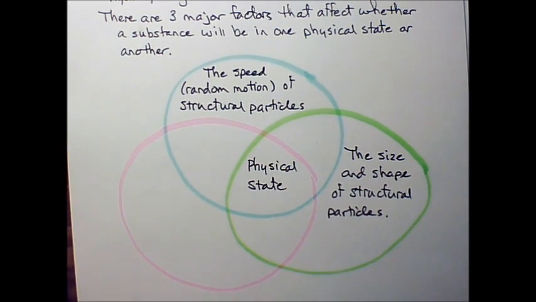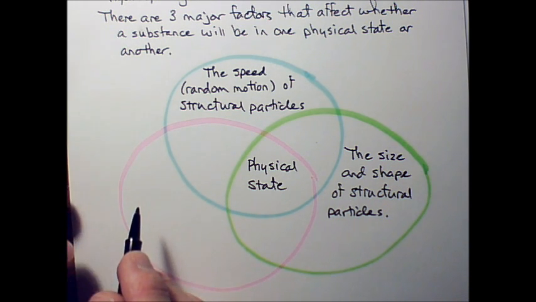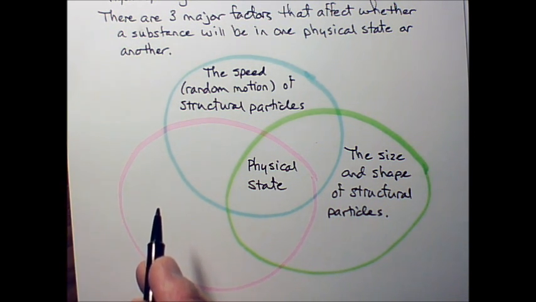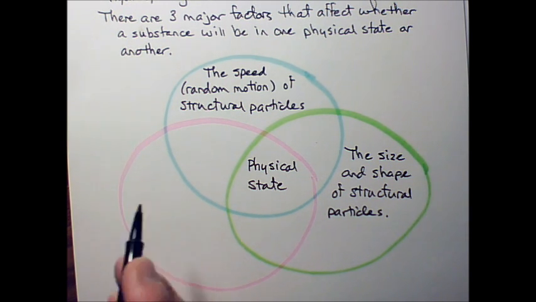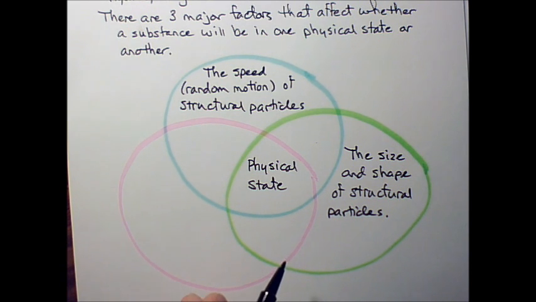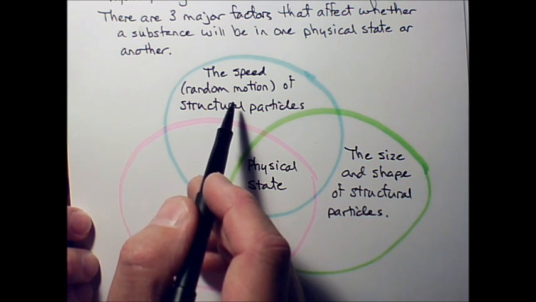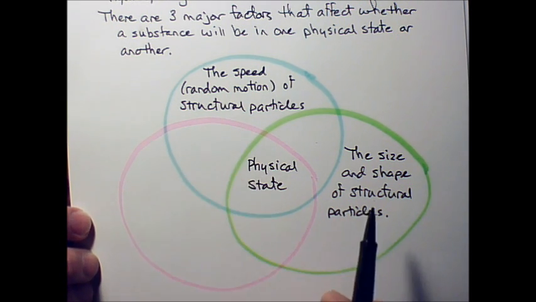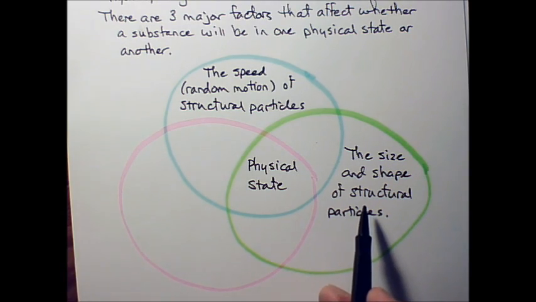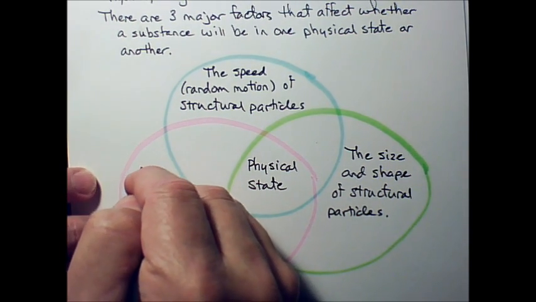The shape of that structural particle has an impact on this last circle over here. Okay, and the last circle is how sticky the molecules are to start with. Some molecules are very sticky, and some structural particles are not very sticky at all. Okay? If they're really, really sticky, you can get them to stick together even if the speed is high and the momentum is high. Okay? So stickiness.